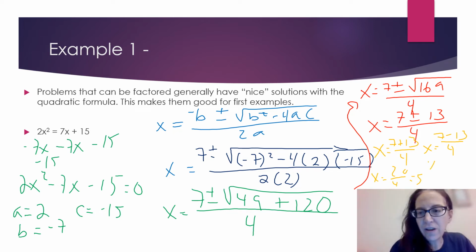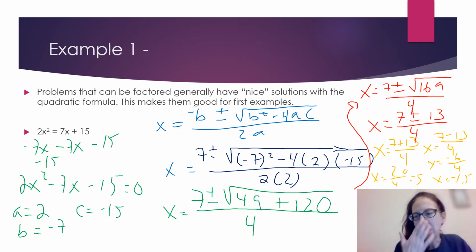The other one, we have 7 minus 13 is -6 over 4, and that simplifies to, I'm going to go with negative 1.5, but it would typically be negative 3/2.